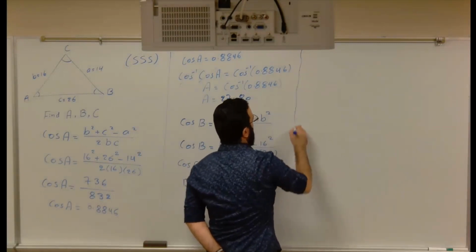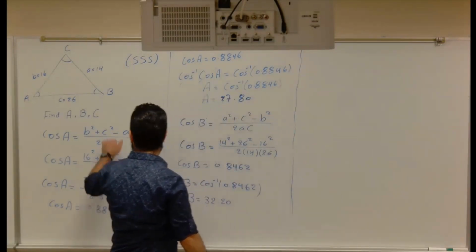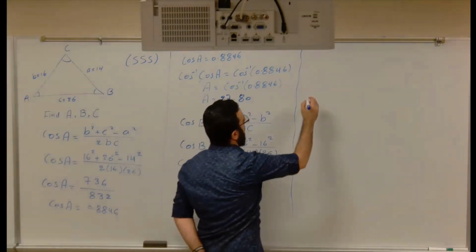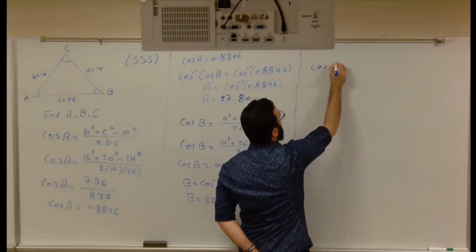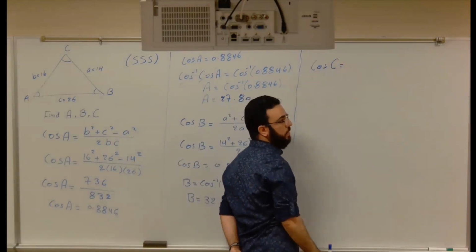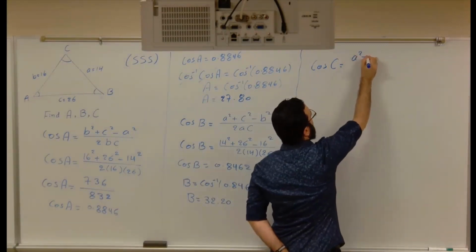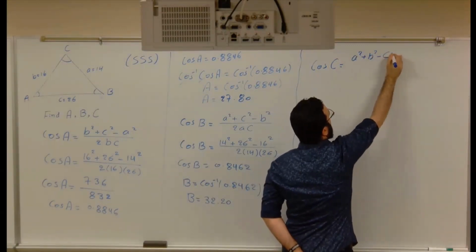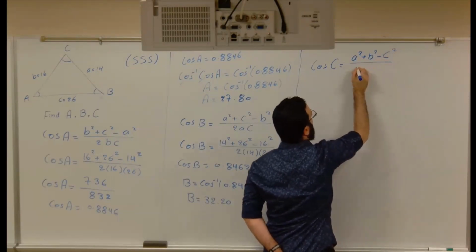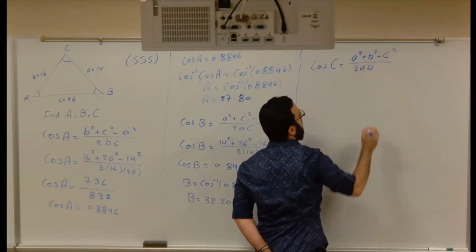To find the angle C, cosine C is A squared plus B squared minus C squared divided by 2AB.